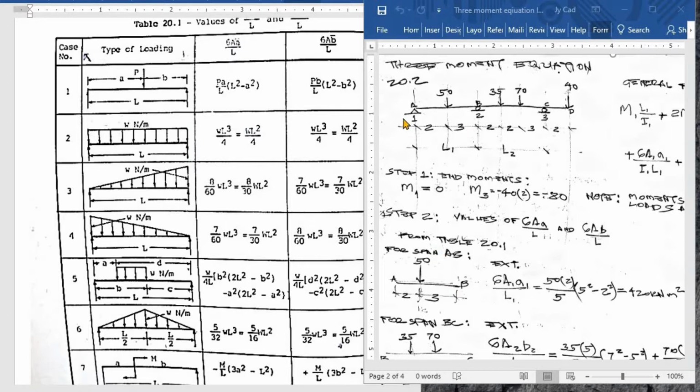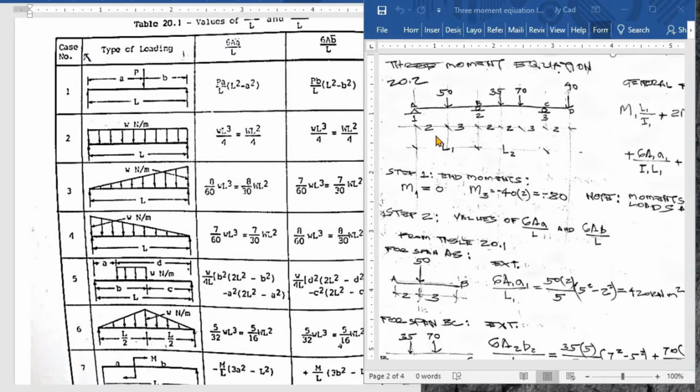Ang technique naman dito ngayon, ang span is the distance between supports. So we have supports A, B, C. Ang first span natin is AB. So yan ang L1. Next span is BC. Yan naman ang L2. Sa AB, meron kang load na 50.